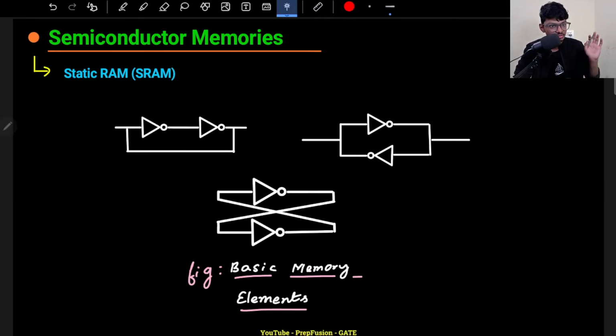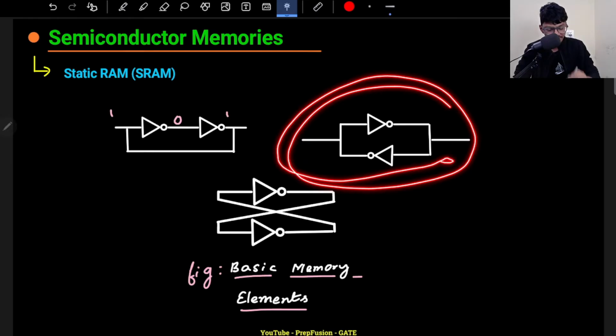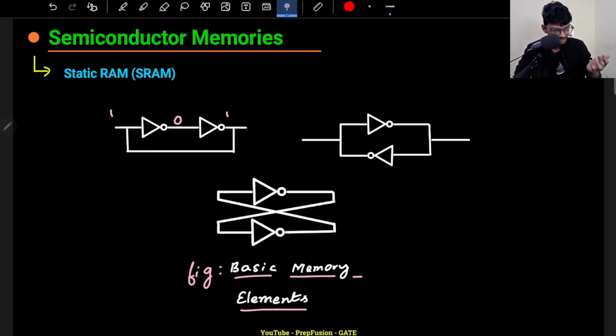We implement this using MOSFETs, and that is static RAM. That's it. How can you store the data here? If I have a 1 here, then this is 0, this is 1. If I take the data from here, I can store the data. This also is a latch, used for storing the data. If I have a 0 here, then I will have a 1. That's the basic thing.